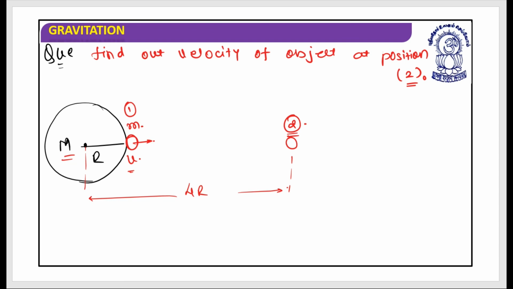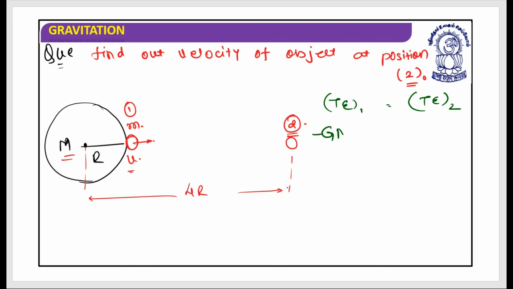How will I do this? So again, we have marked the locations, 1 and 2. What I'm supposed to do is the total energy at first should be equal to the total energy at second. Now, what would be the total energy at first? Does it have potential energy? Yes.